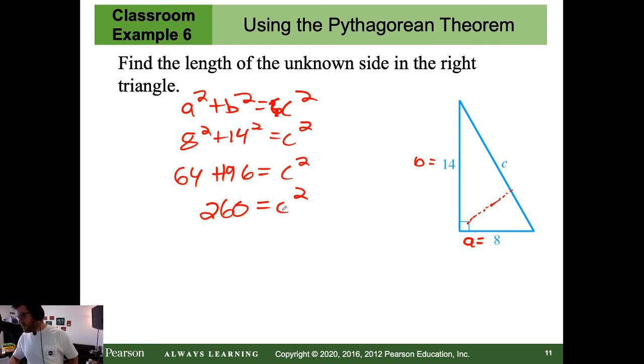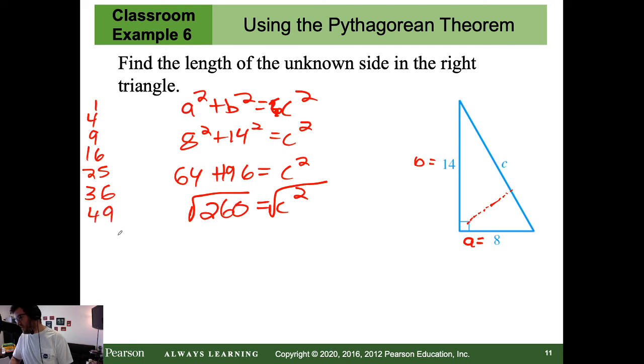Yes. Okay. So then, this is what I was talking about at the very, very beginning of the video. In order to get rid of this square root, I have to take the square root of that side, the square root of this side. Now, this is where it gets really tricky. So these are my perfect squares. Okay, so I'm just going to try 4.